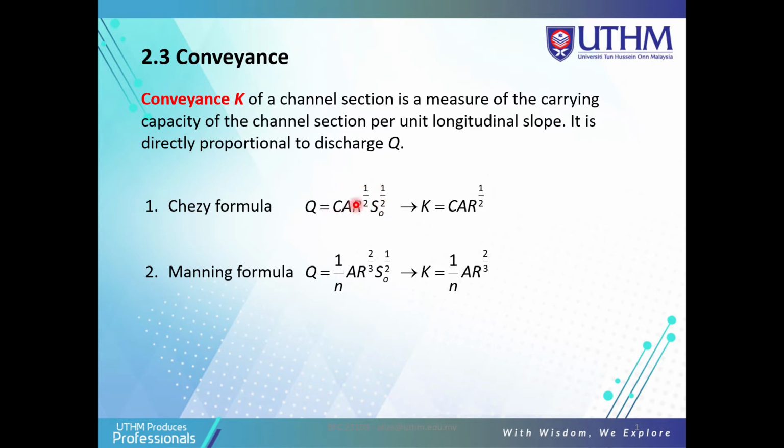To get the velocity, we use the formula from the previous slides in part A. So in conveyance K, the value of C A root R is what we call the conveyance K. For the Manning formula, Q is 1 over n, A R power of 2 over 3, and S naught power of 1 over 2.